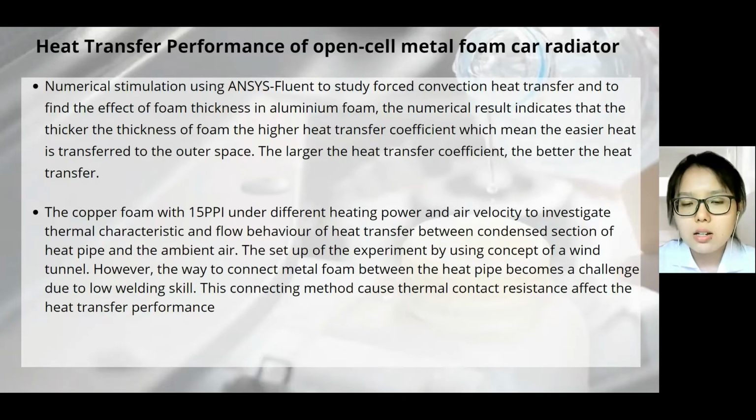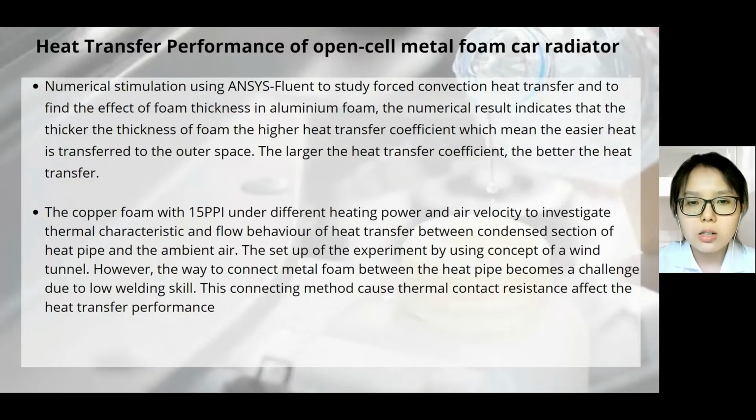This is because a larger specific area has the potential of a greater heat transfer coefficient. So that's why the heat transfer will be good when the specific area is greater.